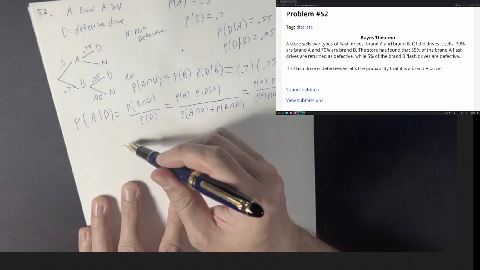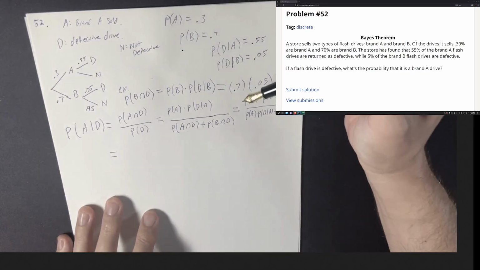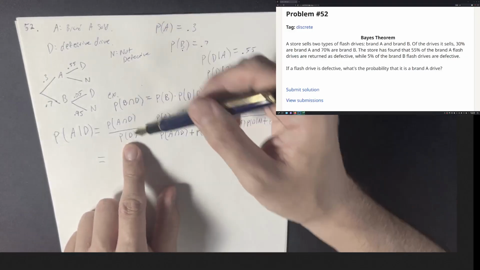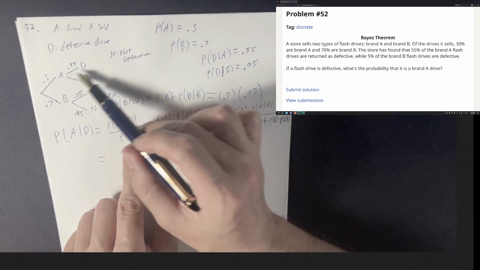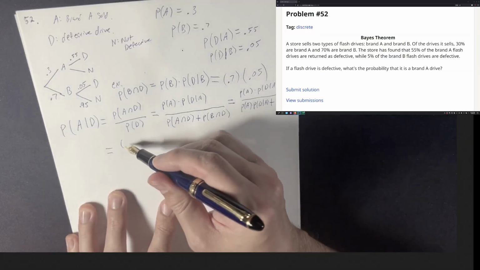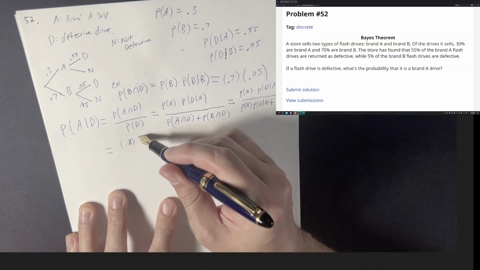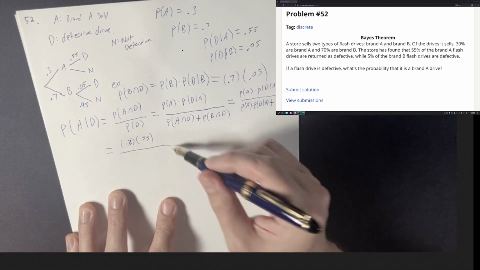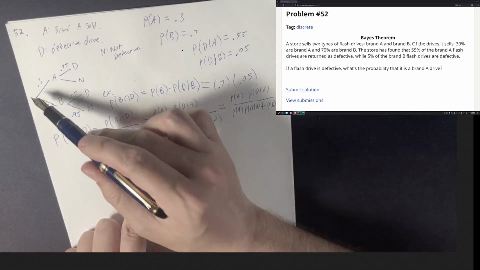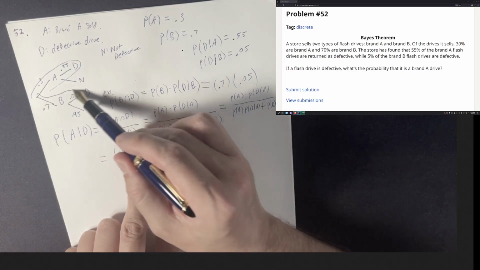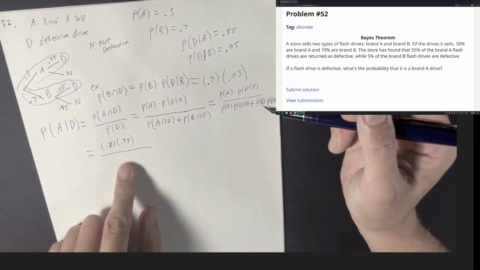So anyway, if you want, you can just look at the tree too. You can use this definition and say A and D, and you just multiply the two numbers. So upstairs we get 0.3 times 0.55. And then downstairs we have all the ways that D could happen, which is this or this, and you just sum up those two products.